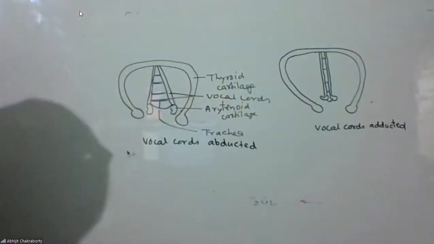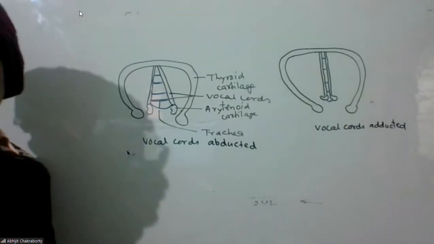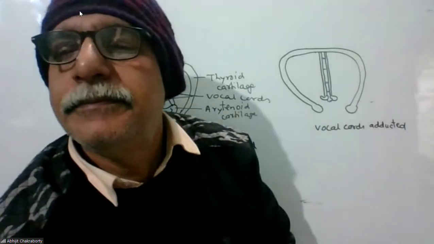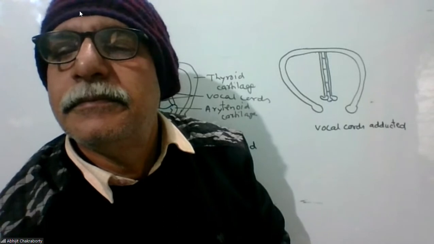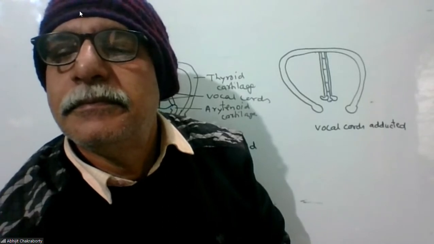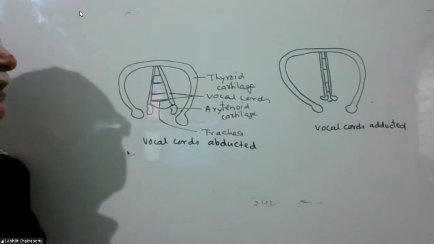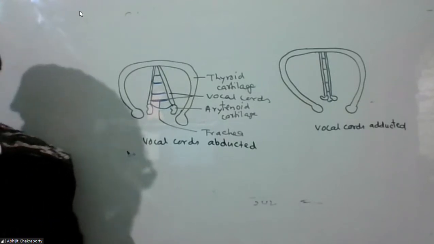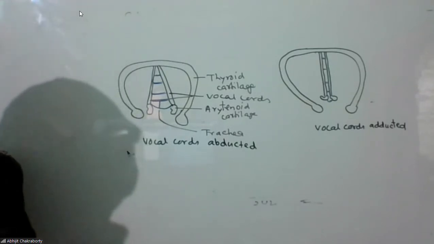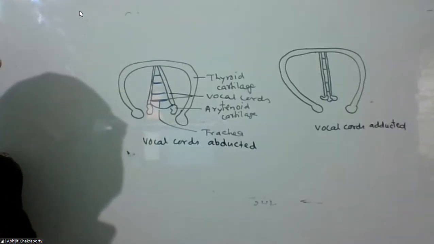When two cords are away from each other, it is called vocal cords abducted.